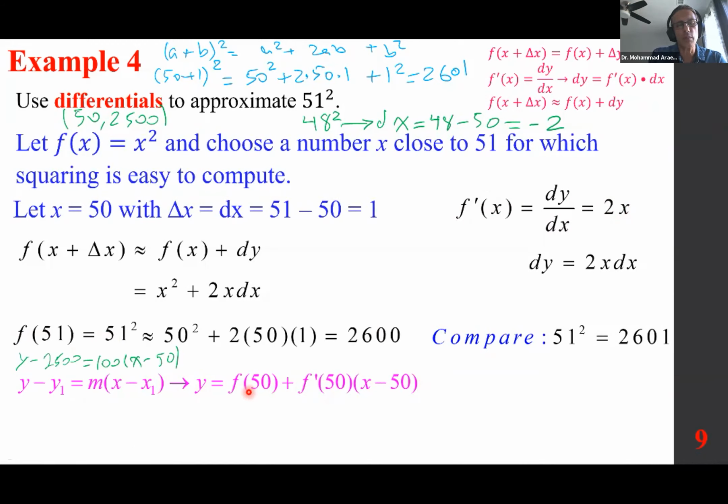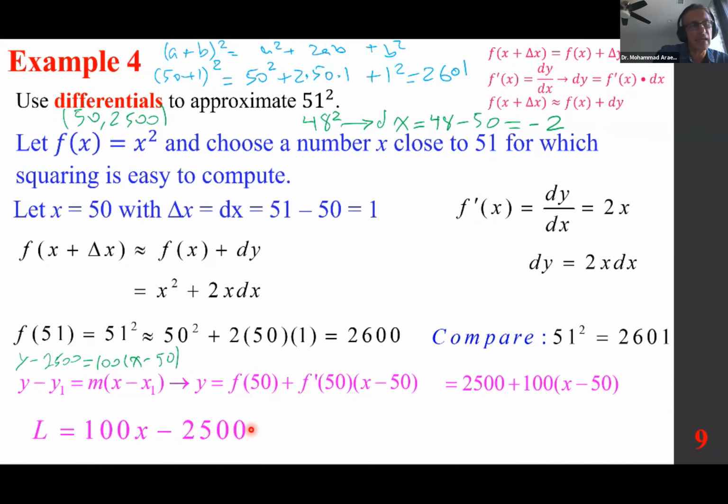So you finish the job again. F of 50 is 2500. F prime of 50 is 2 times x, or 100. And when you multiply, you get 100x. And this is minus 5000 with 2500 gives you minus 2500. This is L of x. Now, if you want 51 squared, replace the x with 51, everybody.